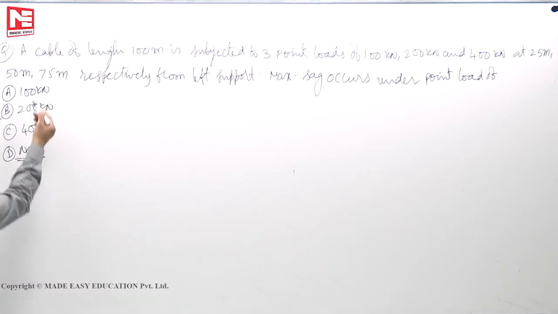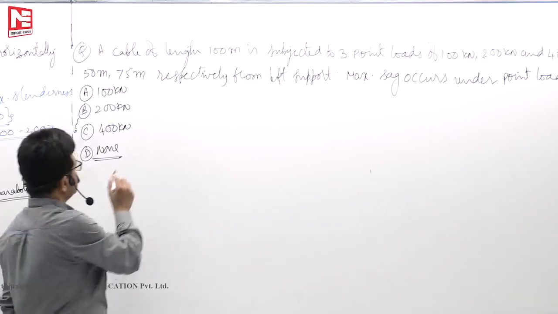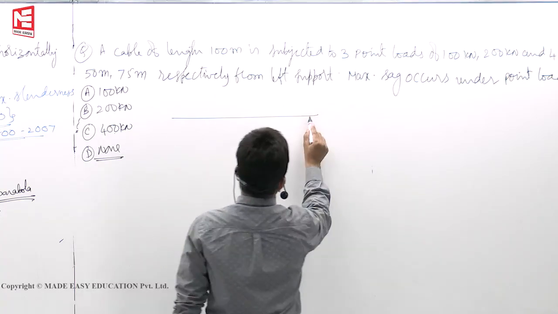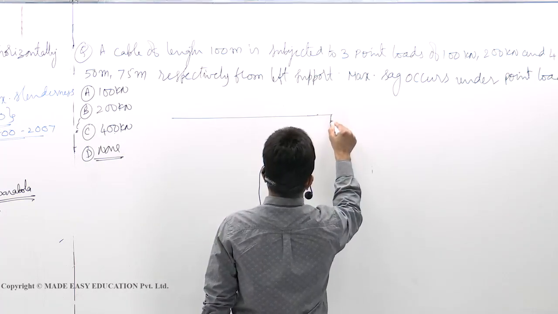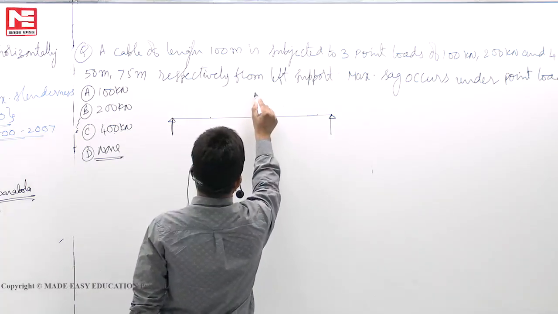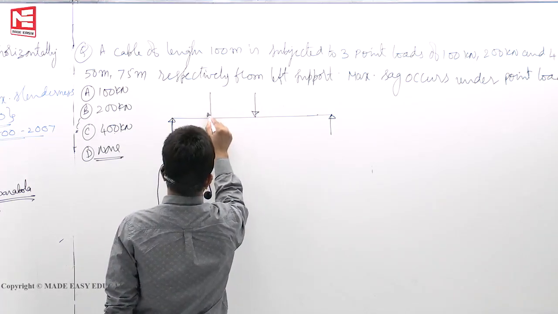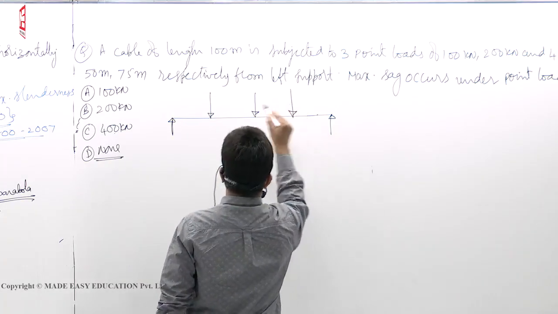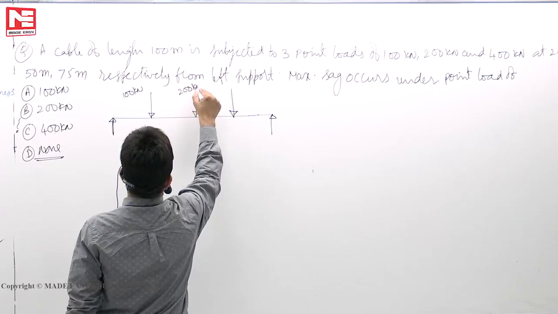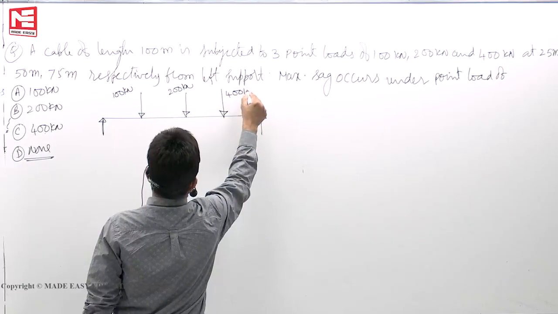Maximum sag occurs under which load, 100 or 200 or 400? It looks as if under 400 maximum sag will happen because the load is maximum. But if you draw the diagram, this is an imaginary simply supported beam. Loads are applied like this: 100, this is 200, this is 400 kilonewton.